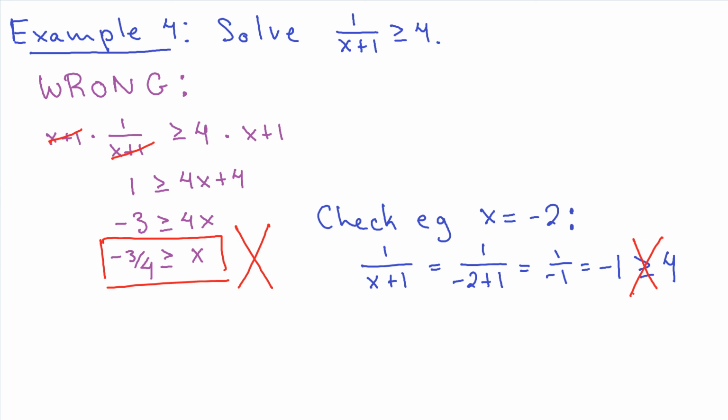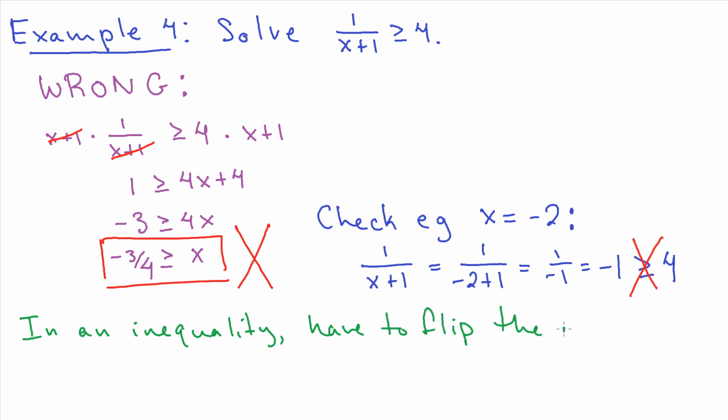So we can ask ourselves, why doesn't this work? What did we do? Remember that when you multiply an inequality, you have to flip the inequality sign if you multiply by a negative number.